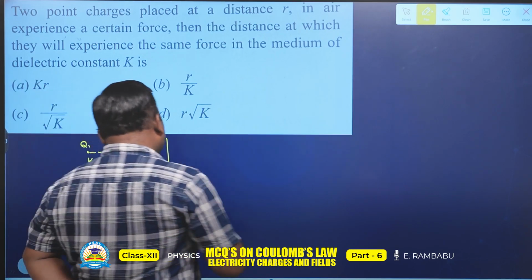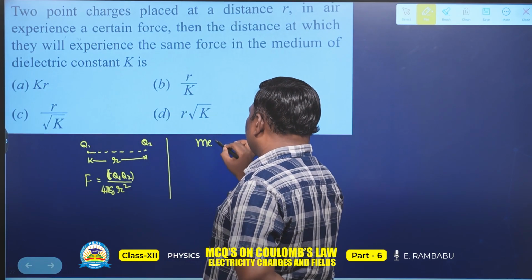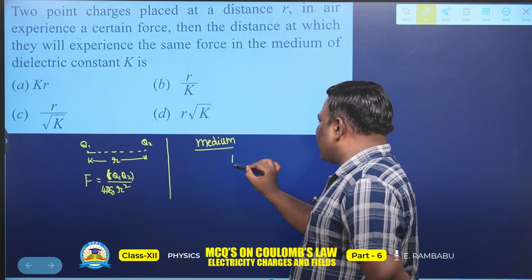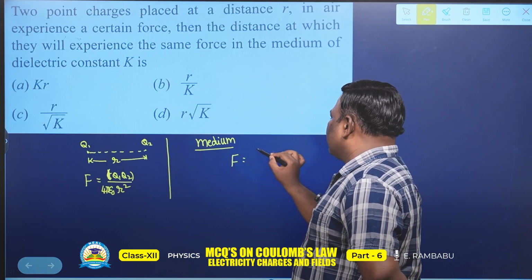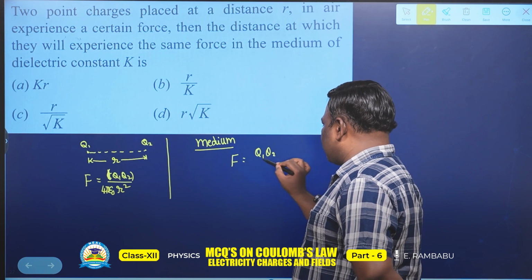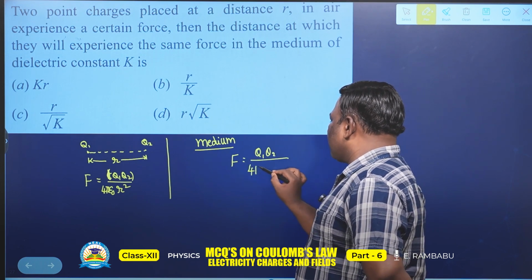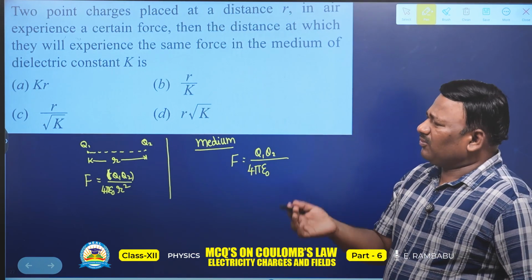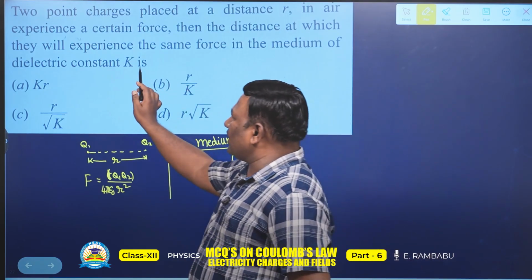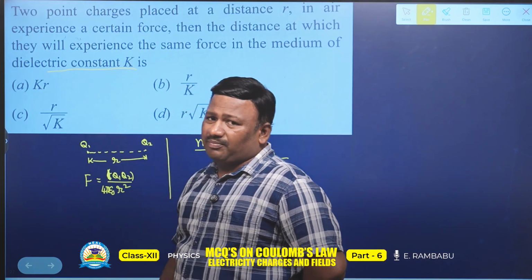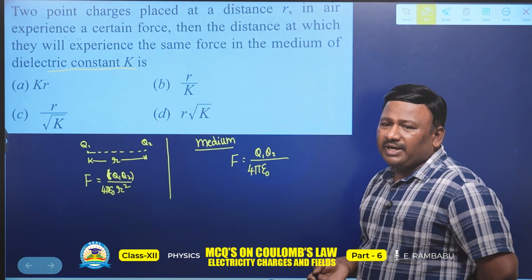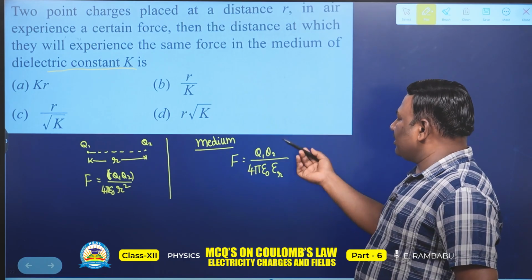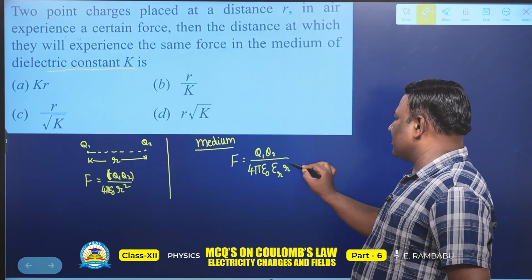Now when they are placed in the medium, the same force exists, same charges exist, but the formula is 1 by 4 pi epsilon naught into epsilon r. We can represent it with one more term, that is also K.